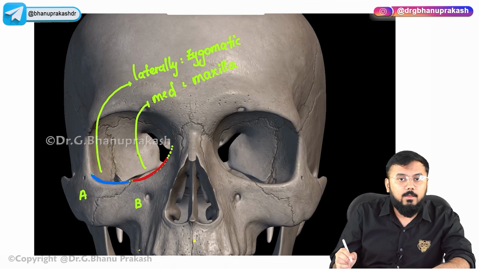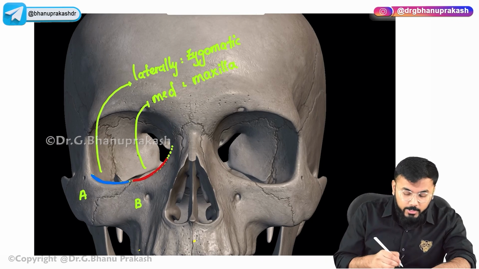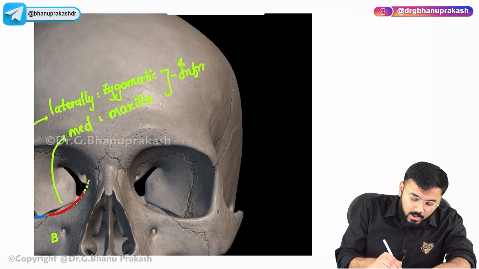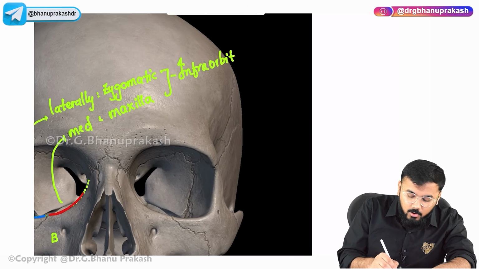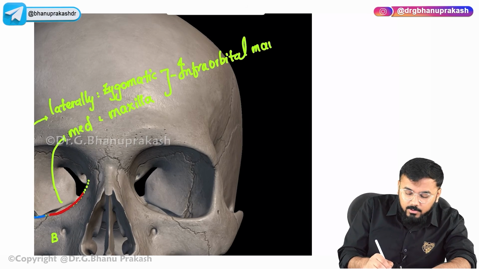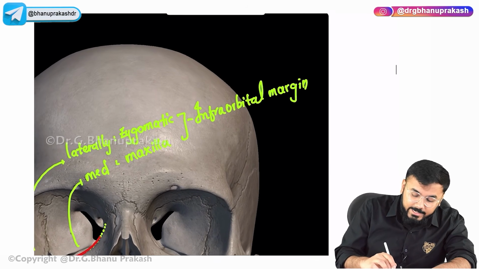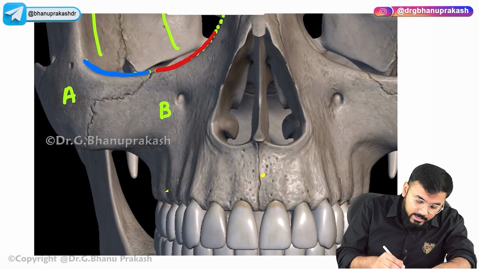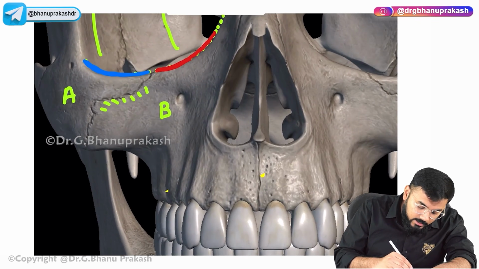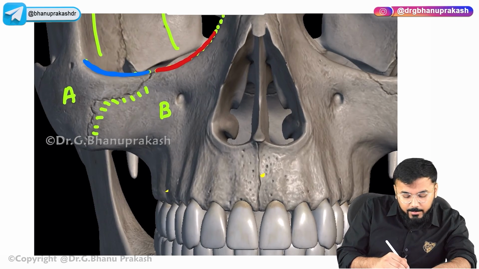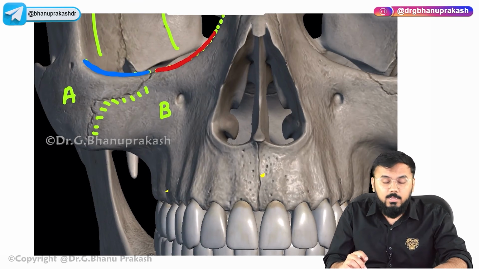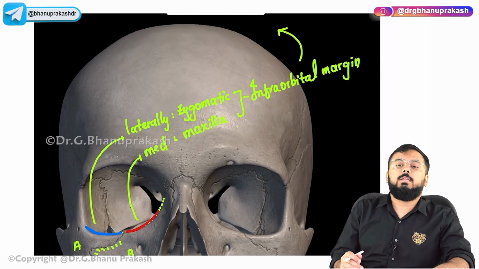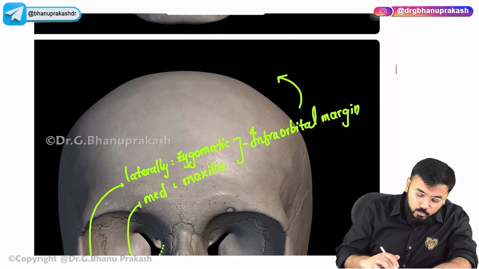So both of them together form the infraorbital margin. And in the center of infraorbital margin, you see a suture. This suture is present between zygomatic and maxilla. I am calling it as maxillozygomatic suture. What is this?